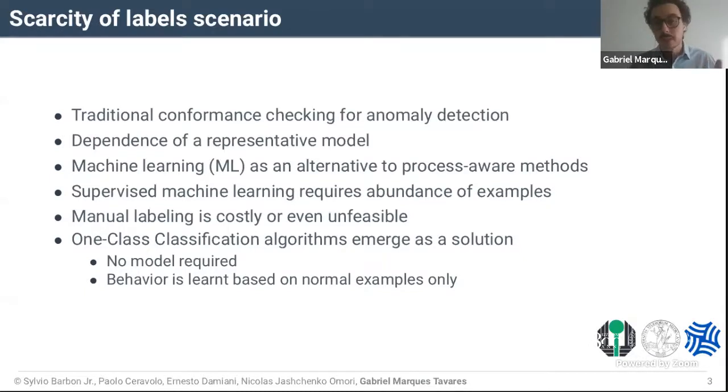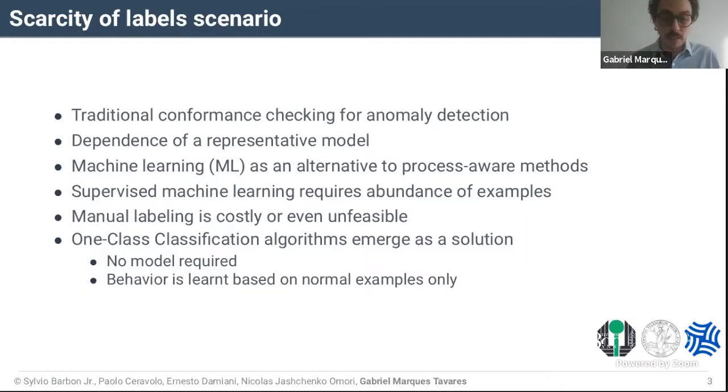And this also raises a second problem, because in many scenarios, you don't have labels for anomalies or even normal traces. And we know that manual labeling is costly for the organization because someone needs to be there spending time and resources labeling. But there's an even deeper problem, which is the labeling of unknown traces or unknown anomalies.